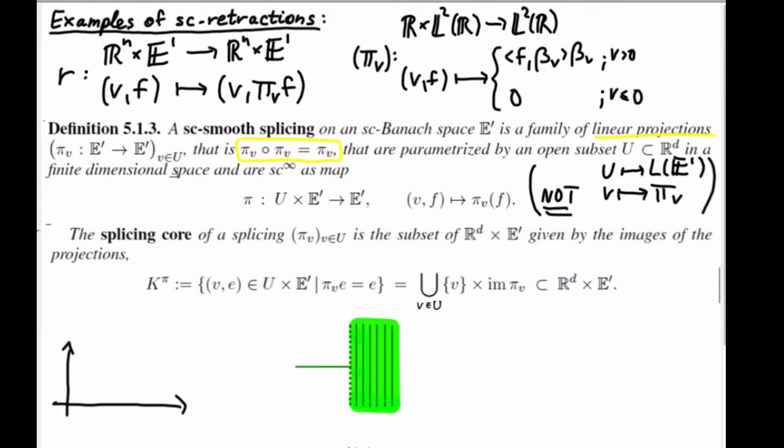So I'm going to start off with a little bump function. For that to be a projection, I would like beta in the L2 norm to be 1. And then beta sub v is simply going to be the bump function shifted out to be centered at 1 over v.